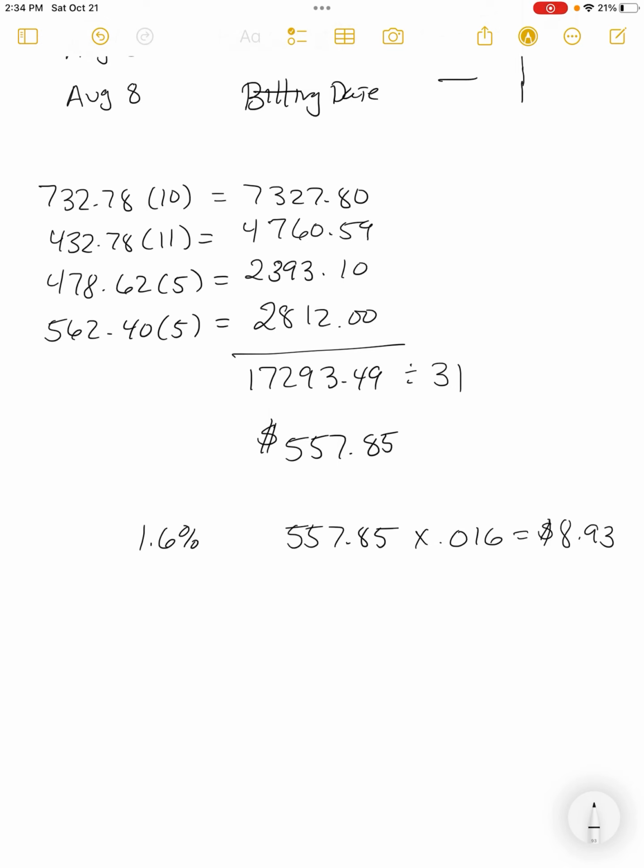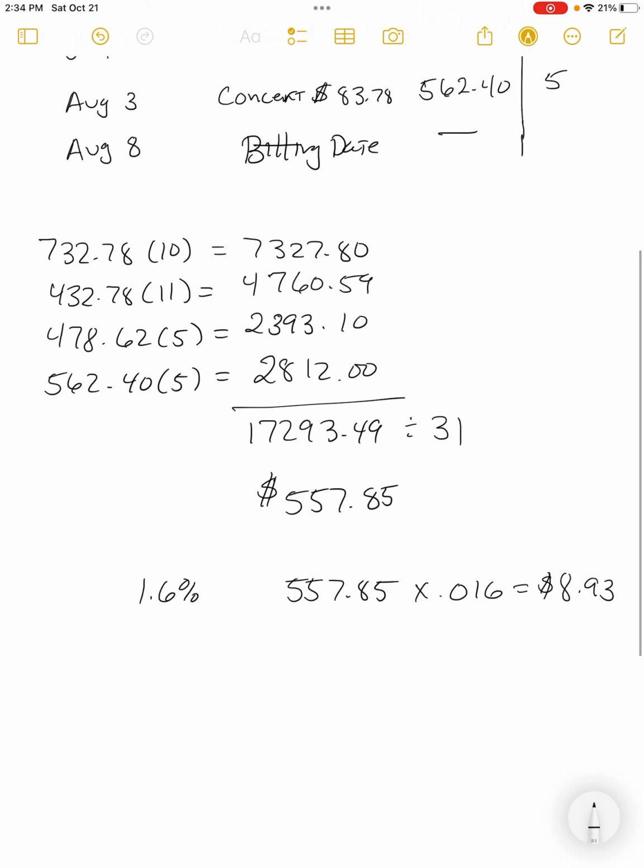Now, what do they ask? The account balance for the next billing cycle. Well, some people get this wrong because they take the $8.93, the finance charge, and they add it to the average daily balance.